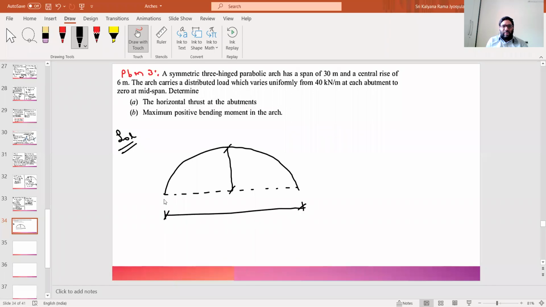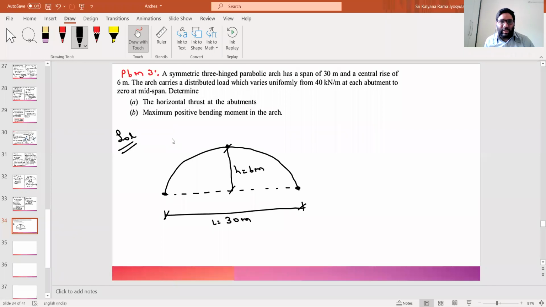This is one hinge, another hinge, and the third hinge. So span is 30 meters and rise is h equal to 6 meters.